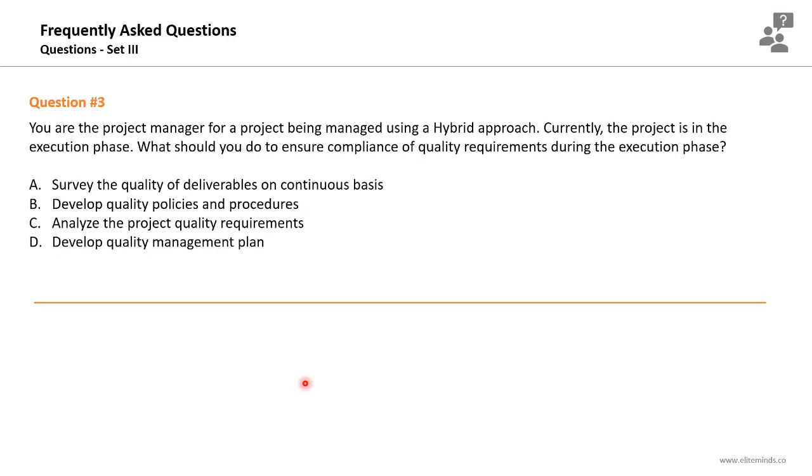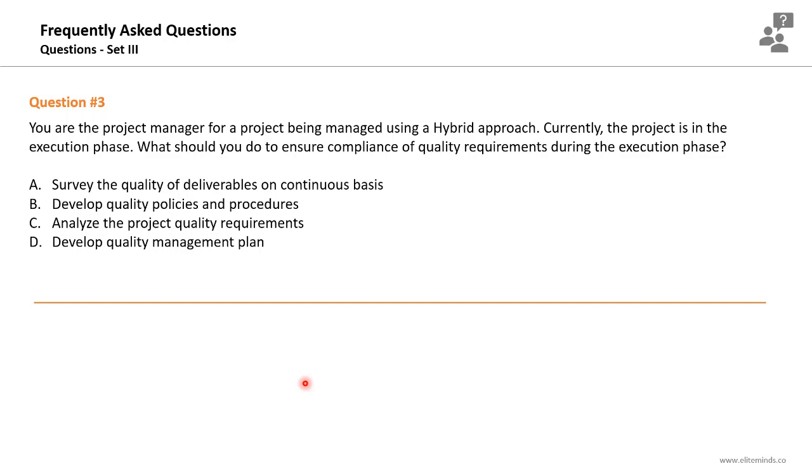Question number 3. You are the project manager for a project being managed using a hybrid approach. Currently, the project is in the execution phase. What should you do to ensure compliance of quality requirements during the execution phase?